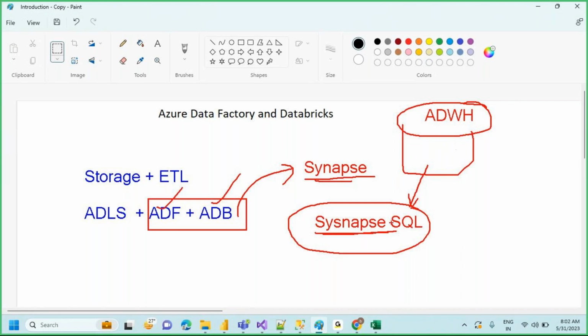Azure Synapse has, under one single workspace, Azure Data Factory in the same workspace, Azure Databricks in the same workspace. Apart from this, we're also having Power BI in the same place, all together at one place. But the Synapse database is something different that we need to learn in a different way.